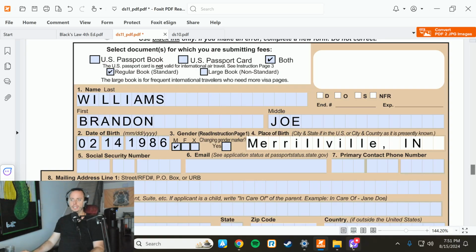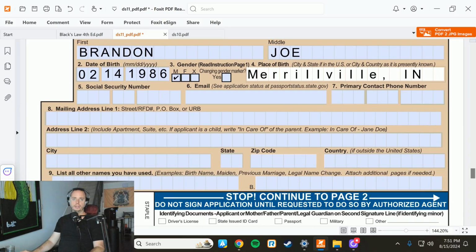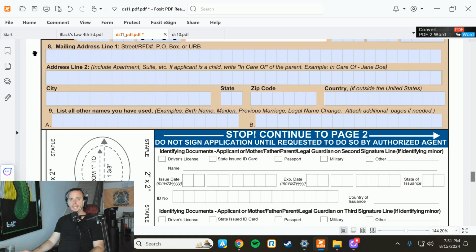If you want to get crazy, you can put stuff there. As far as I know, they're not going to let you skirt around not putting your social. I don't know of any way around it, unless you want to sue them, right? Put your email here. Put your contact info here. You guys have already learned the mailing address.